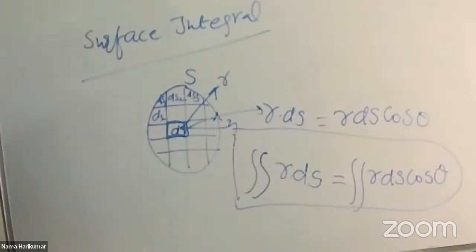You can write the n value, don't worry about it. But in your textbook, some mistakes are there. A dot n dot dS is wrong. It is A dot n dS. n belongs to the dS value. Yes, it is clear.